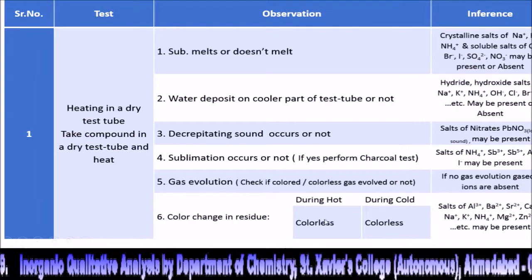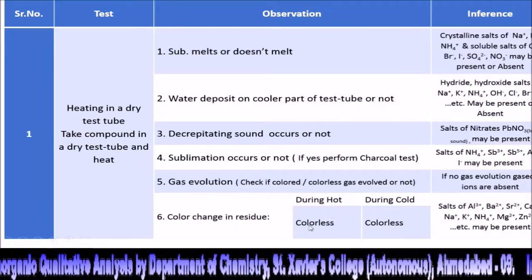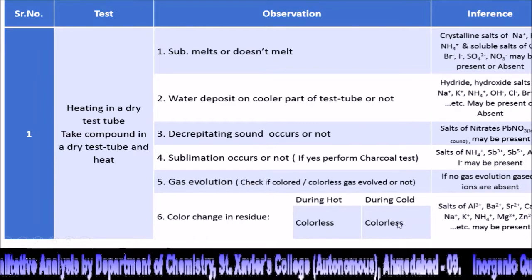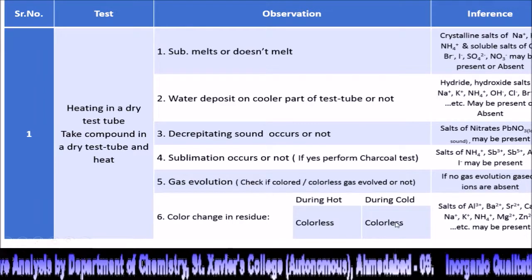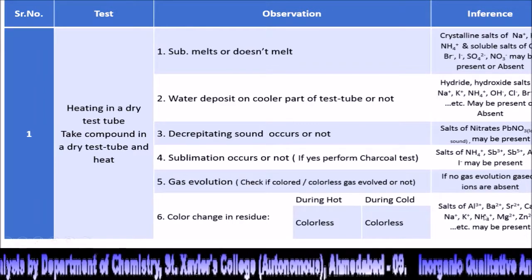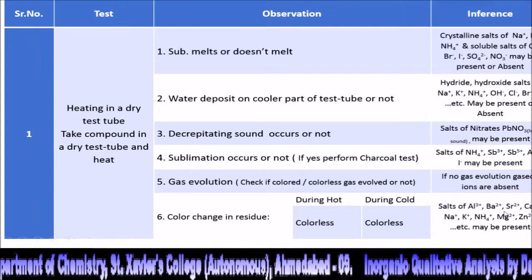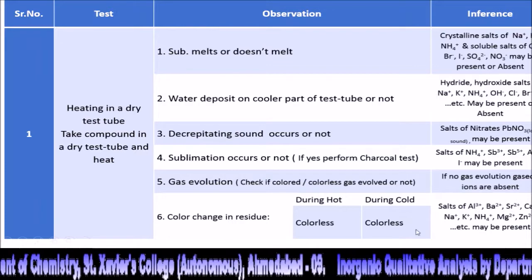And if a colored compound is there, then we get black during hot and black during cold. Then nickel, cobalt, iron, this kind of colored element would be there. Chromium, this kind of colored element would be there.